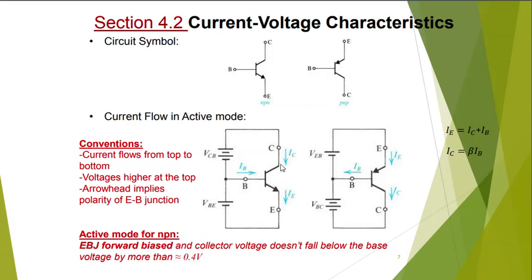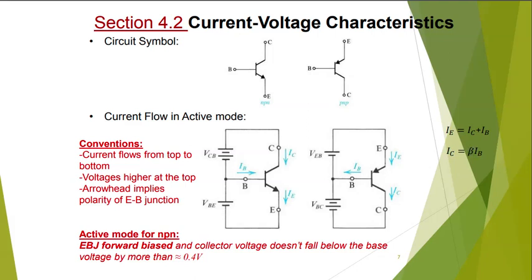But there is something also super interesting. Usually, whenever we are in the active mode, the current in the collector is almost always like 100 times more than the current in the base. But what is this 100 times? It's called beta. Say IC equals beta IB.